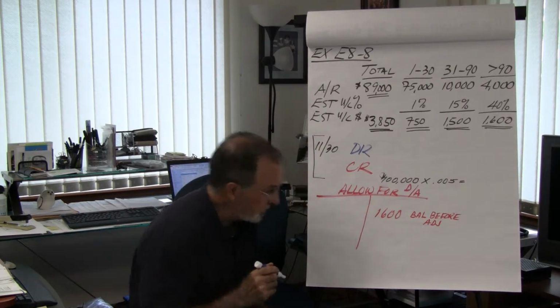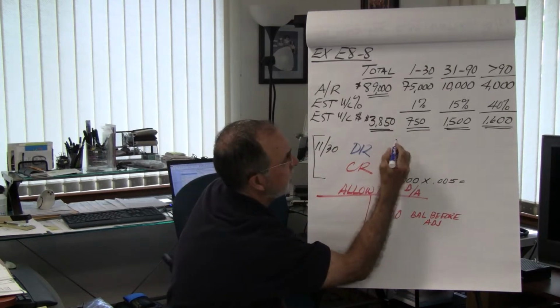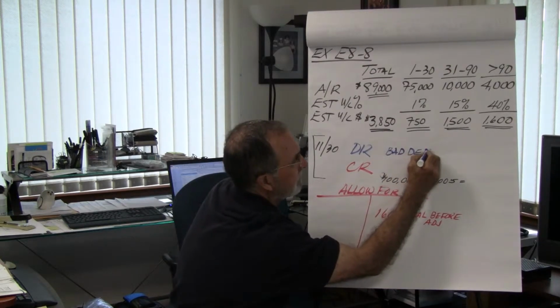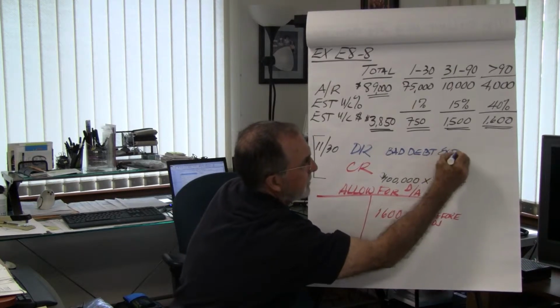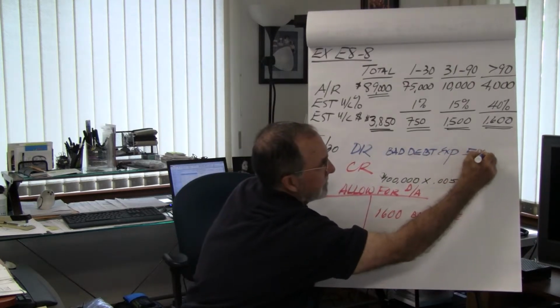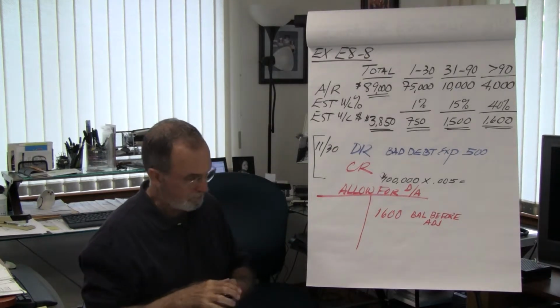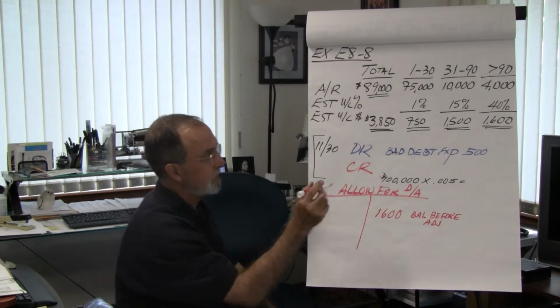And our journal entry is recorded with a debit to bad debt expense, $500, and our credit is to our allowance account.